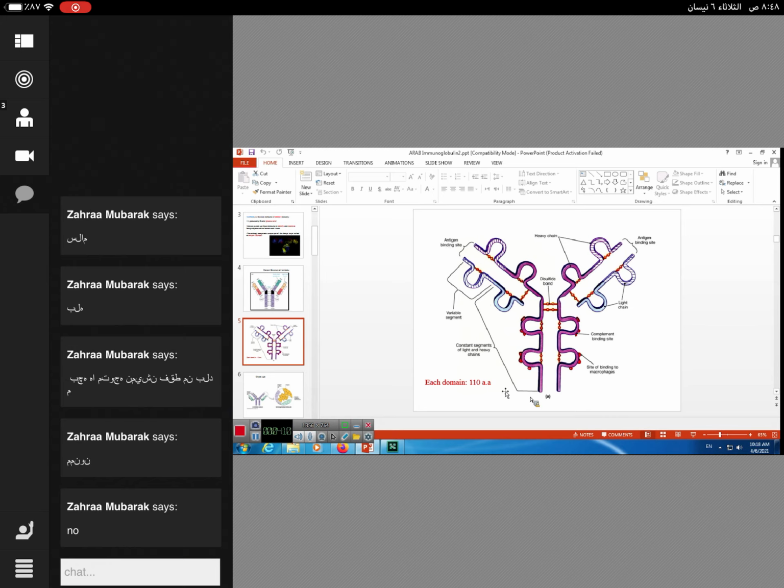So, one molecule of antibody has two antigen binding sites. The sites bind to the epitope on the antigen surface.